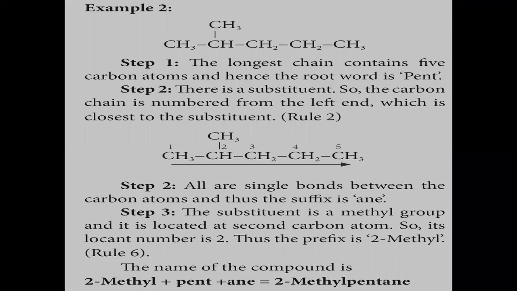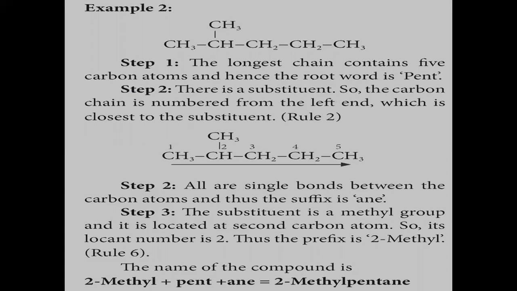Next, example 2. CH3, CH, CH3, CH2, CH3. These are single bonds. The arrow mark indicates the numbers put on the carbon atoms 1, 2, 3, 4, 5.